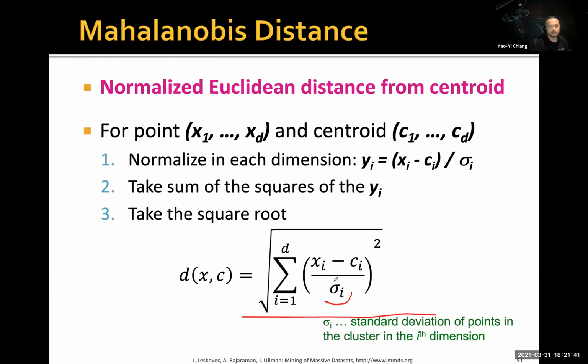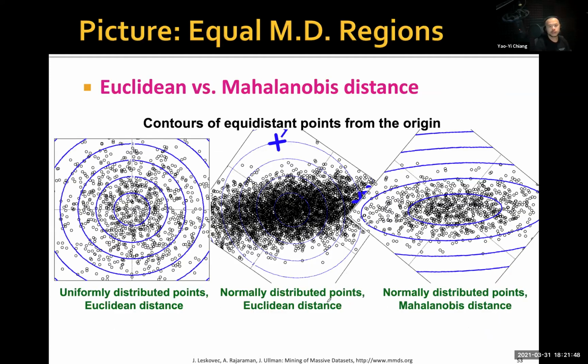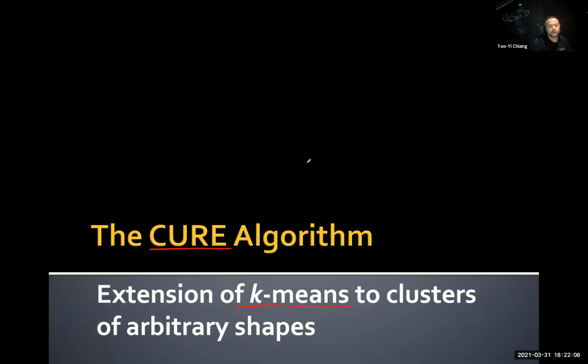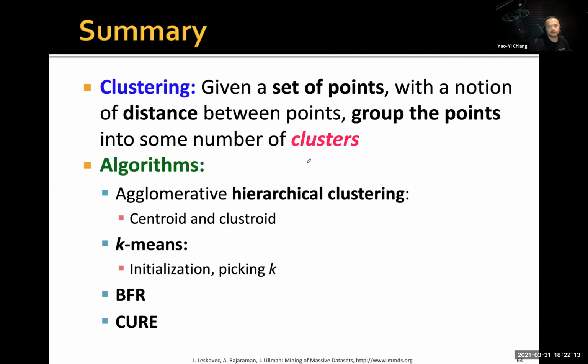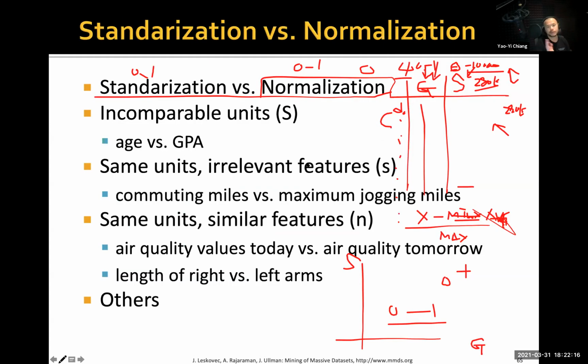You're dividing by this sigma, the standard deviation on each dimension. So what does this give you? Well, this gives you this. If you divide by the standard deviation, that means you take into account the variation in each dimension so that your distance measurement becomes very similar to this, not this. Okay, so that's standardization. If you are still not sure, you can just Google standardization versus normalization and look at some examples.